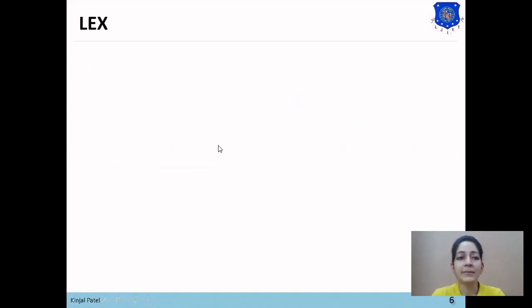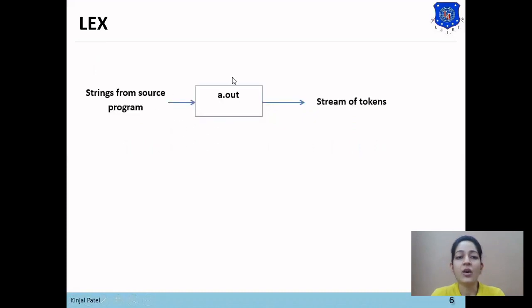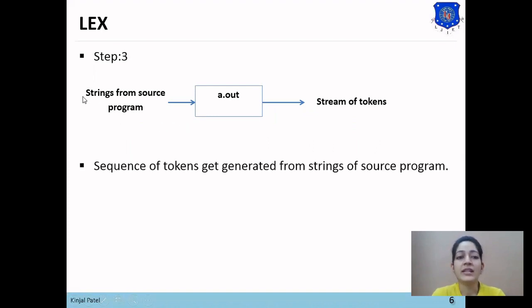Now step 3 is that the object code is used to generate the stream of tokens: the string of the source program will be passed to the object code, and the object code will generate the stream of tokens. So these are the 3 steps performed to generate the stream of tokens using the Lex tool.